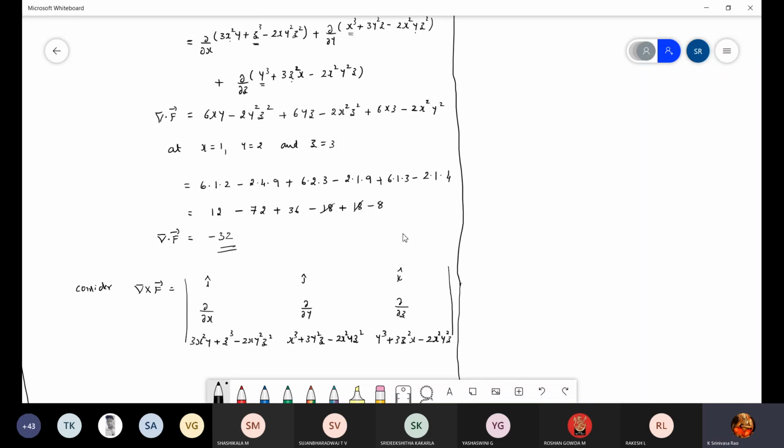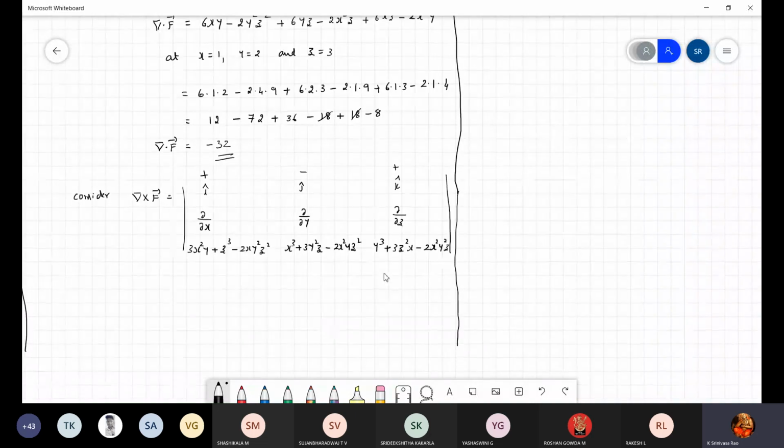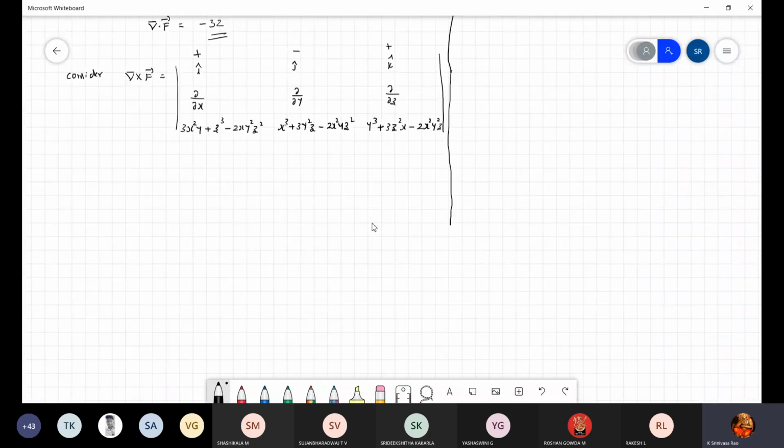Okay, yes, this is the determinant. Plus minus plus. I will write the direct answer, meaning the differentiation. So I will give some time.